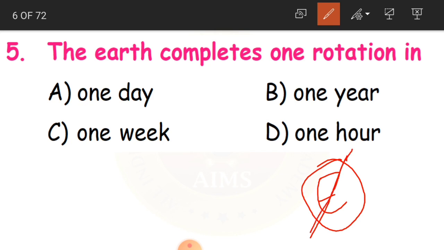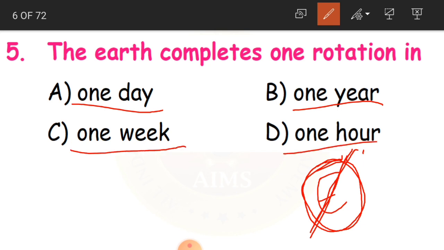This is an imaginary line which we call the earth's axis. The options are either 1 day, 1 year, 1 week or 1 hour. The answer is 1 day, children, that is 24 hours, where we have a day and also a night.